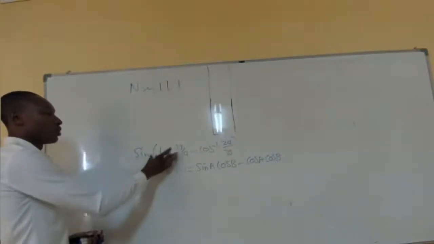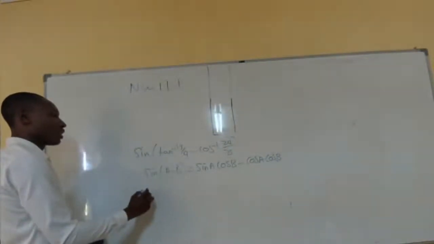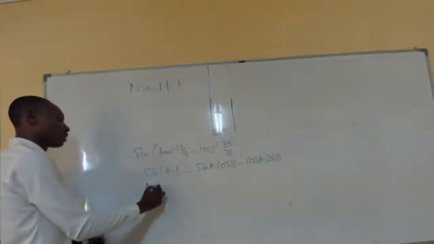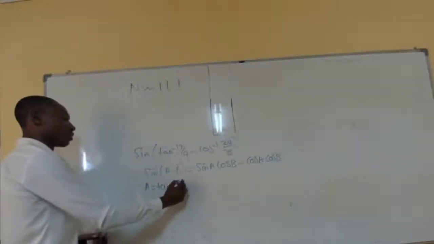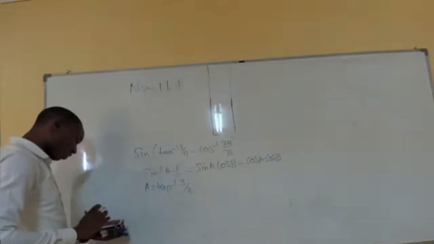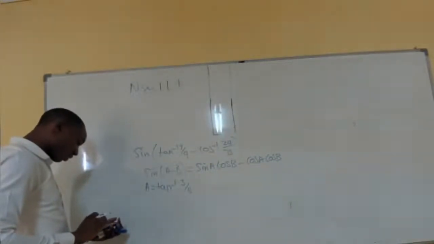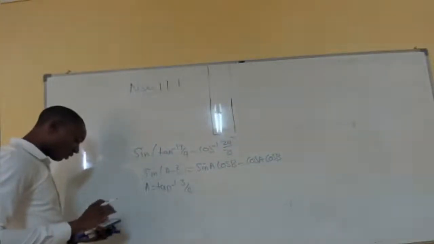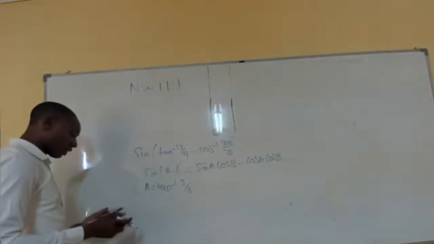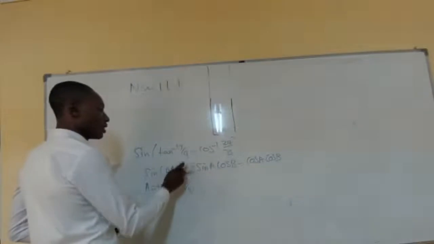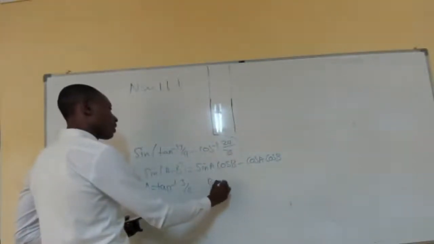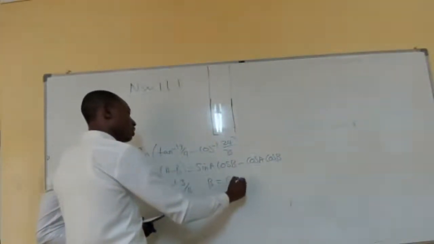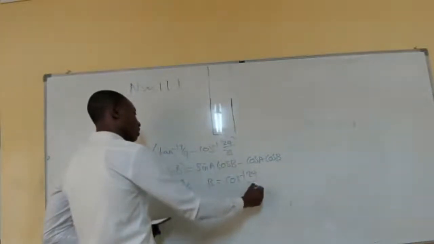If you compare these two, A is equal to tan inverse of 3 over 4, and B is equal to cos inverse of 24 over 25.